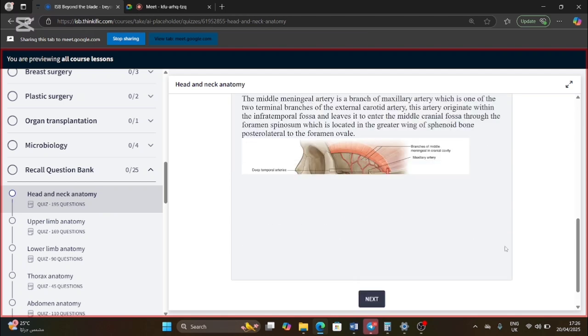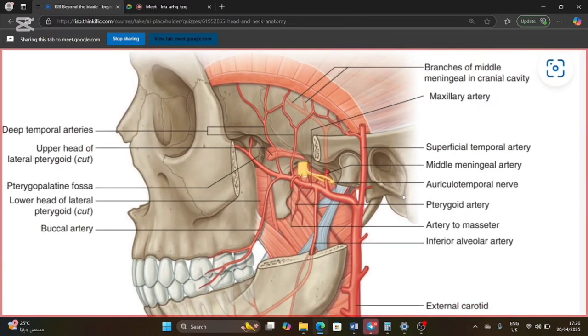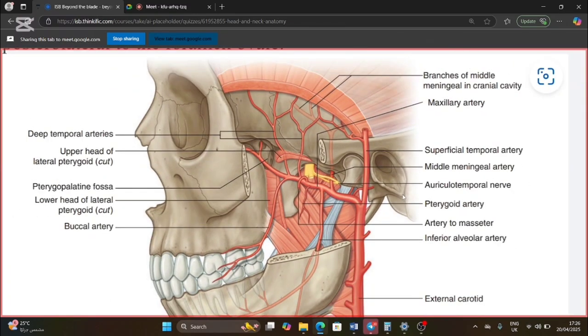I want to highlight something. Of course, they are asking about which foramen passes, but I want to also say what other questions may come. They may not just say it is foramen spinosum, they will just describe its position. They will tell you it passes through an opening in the undersurface of the greater wing of the sphenoid, posteromedial, for example, to the foramen ovale.